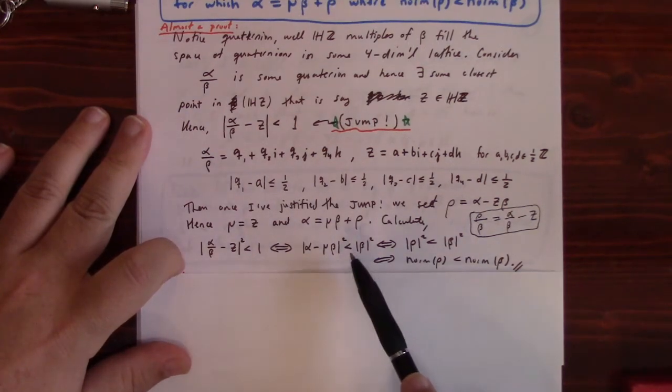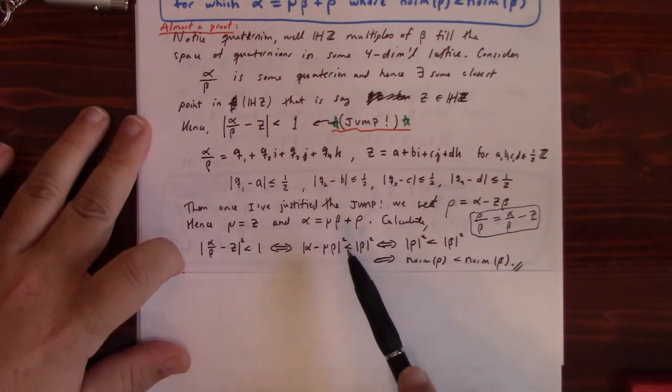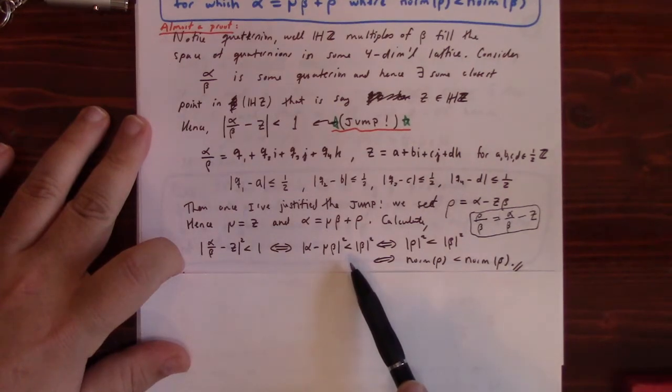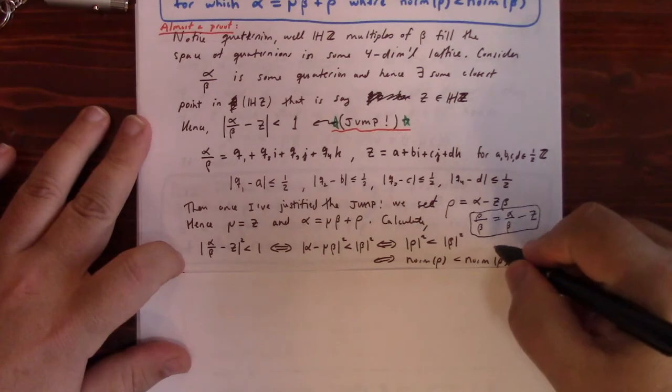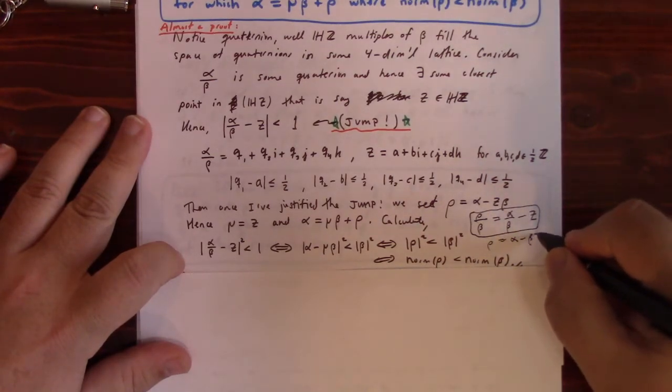So this is less than 1 if and only if, jeez, all of a sudden it hits me. Alpha minus mu beta. Oh, stink. Where's mu coming from? Mu equals z, so if I multiply this by beta, I get rho is alpha minus beta z.